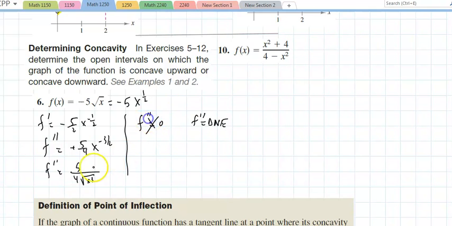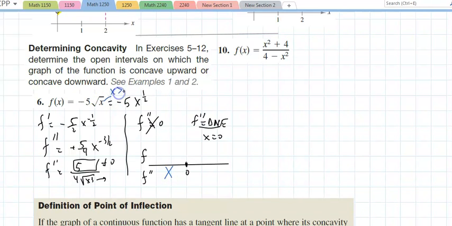Well, there's no way a fraction could equal 0 here because the top can never equal 0. But where does this derivative not exist? That's when the denominator equals 0, that's when x equals 0. So I only have one point to worry about. If I pick 0 and I take the second derivative, and my conclusion is about f, same deal as before. If I pick a point to the left of 0, well, that's not possible because it's not in the domain.